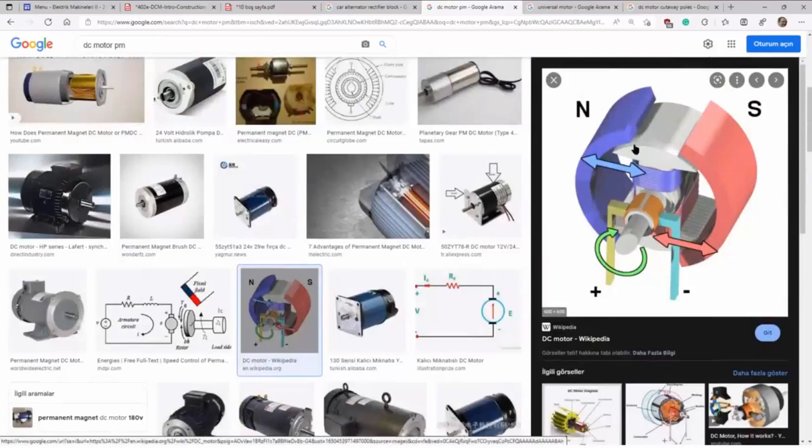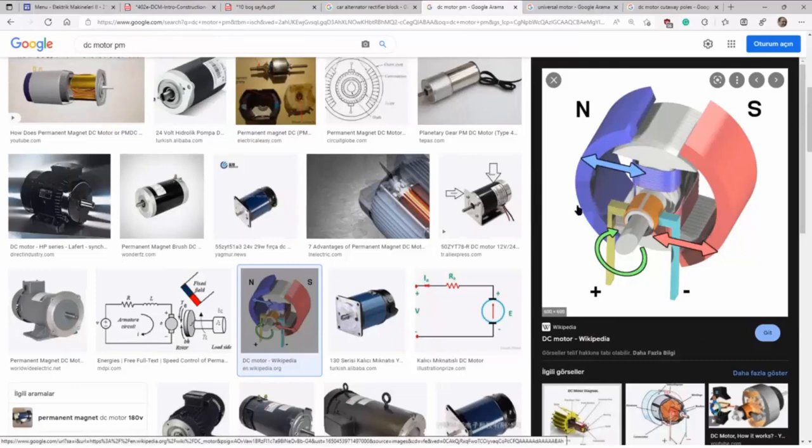Here you see permanent magnets in blue and pink in the stator, but as you see, the yoke cannot be seen there. So that is not a real machine. That is a machine only for introduction.